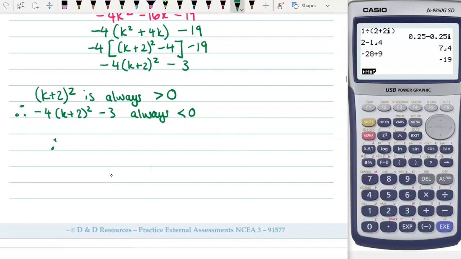So therefore, b squared minus 4ac will always be negative. Therefore, there are no real roots.